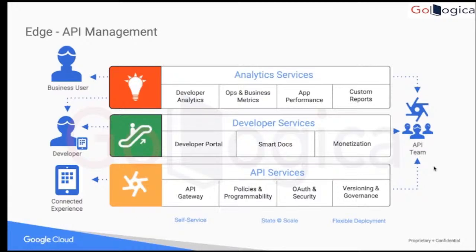So there will be APIs and an API gateway. Apigee Edge has API gateway features. API gateway features are basically adding rate limiting, throttling, and all those things. You can add policies, programmability. You can add your custom programming. You can have OAuth security, and obviously versioning and governance. So all these things Apigee provides as out-of-the-box features. So that is one part.